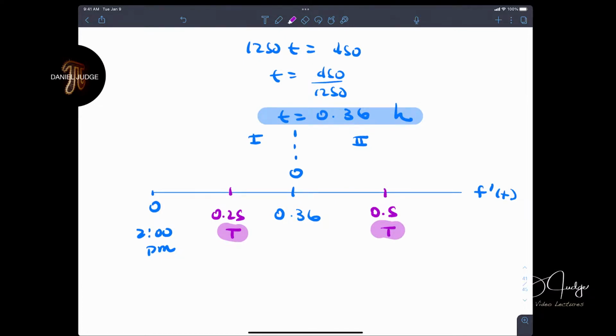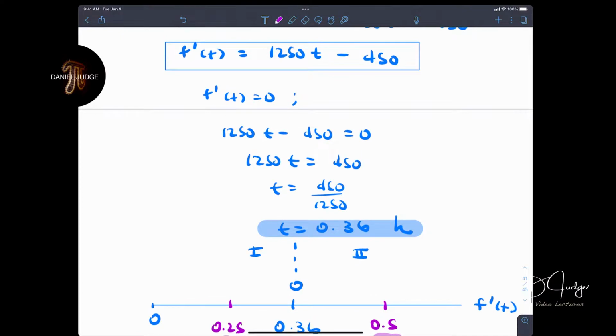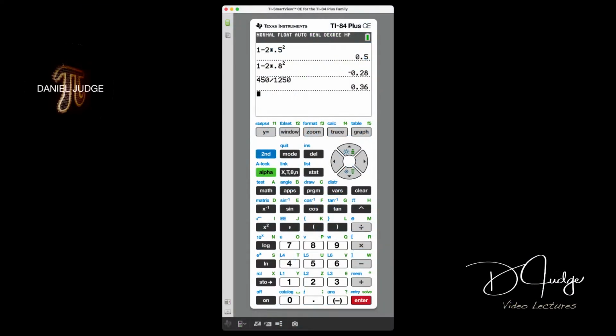So I'm going to plug in these two values into that first derivative, and the first derivative is right up here, so it's 0.25. I'll put that on top, and then 0.5. We're going to plug it in the TI, so you get 1250 times 0.25 minus 450 in that first derivative.